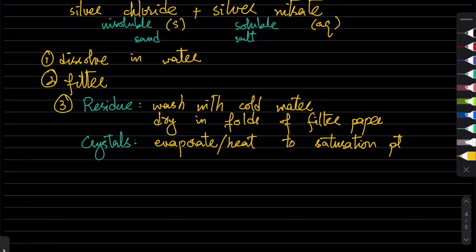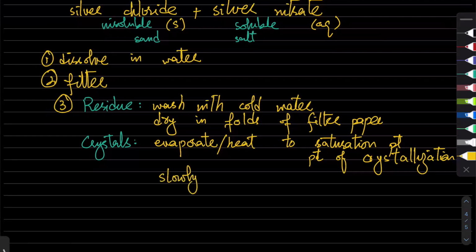Saturation point is also called point of crystallization. So you can either put saturation point or you can say point of crystallization. Don't write PT, just write the whole thing, okay? So point of crystallization or heat to saturation point. Then slowly cool. And that's how you get crystals.